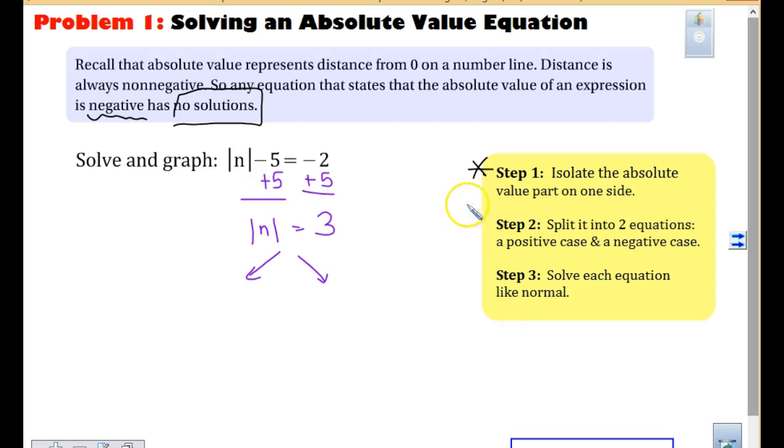So if you keep going back to these steps, the second step is to split it. So we are going to say n equals the positive case, which is 3, getting rid of that absolute value sign, or n equals negative 3. And in this case, they ask you to solve and graph.